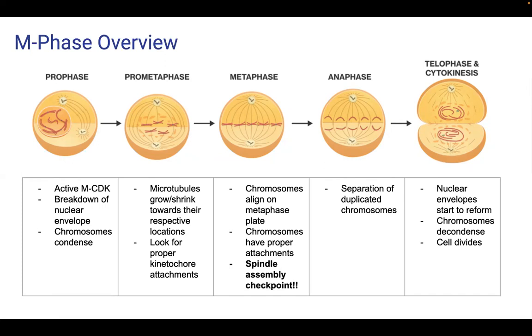In metaphase, the chromosomes align on the metaphase plate. These chromosomes have proper attachments, and this is where the spindle assembly checkpoint is. And then in anaphase, it's the separation of duplicated chromosomes, and telophase and cytokinesis is where the nuclear envelopes start to reform, chromosomes decondense, and the cell divides.